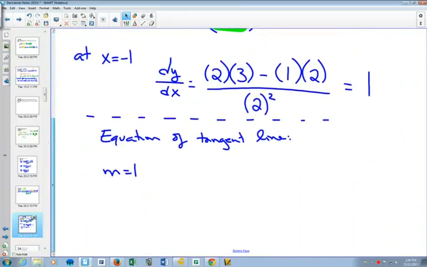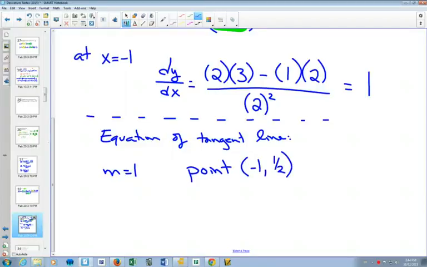So anytime you're finding an equation of a line, the two things that you need to know are slope and a point. And now we know the only point that we do know on that tangent line would be negative 1, negative 1/2. Now, taking that, we can plug it into the formula of lines you remember the best.